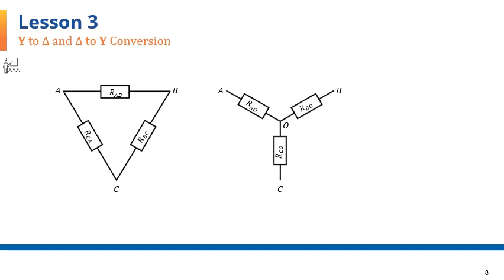Given the resistances RAO, seen here on this figure, and RBO and RCO, the resistances RAB, RBC, and RCA of the equivalent delta configuration can be calculated as RAB equals RAO plus RBO plus RAO times RBO over RCO.